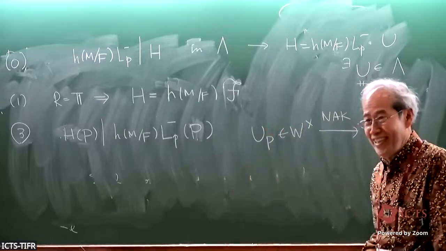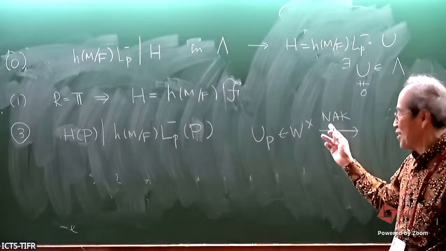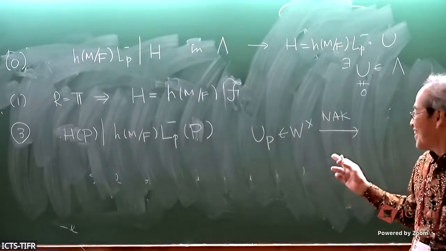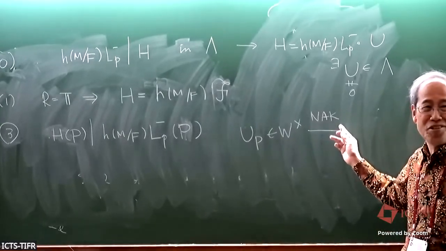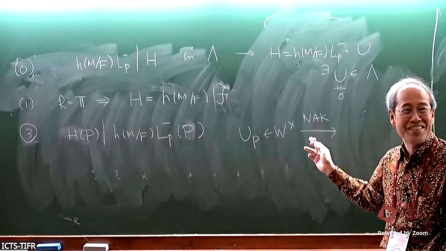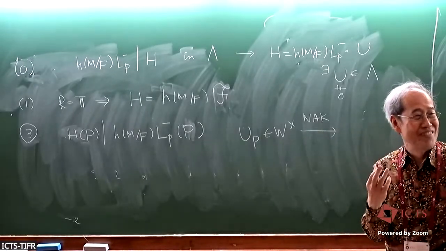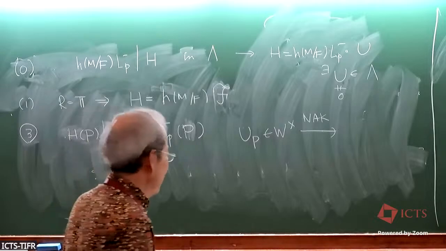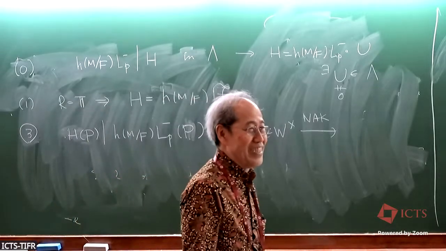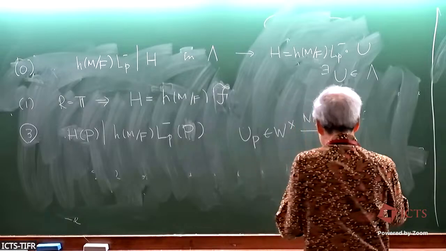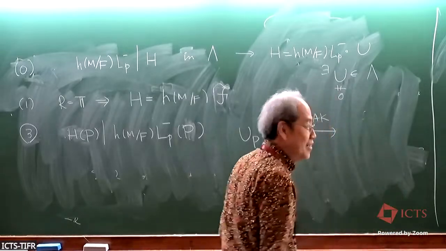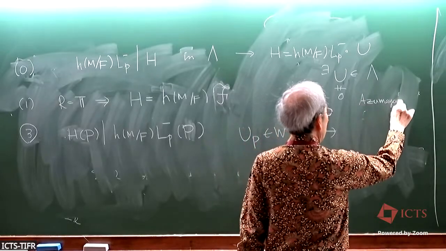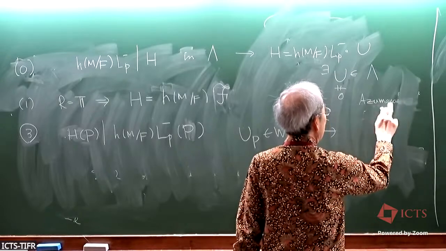Oh, by the way, this is a famous story. Nakayama's lemma is not proved by Nakayama, and it is proved by Azumaya and Krull. So it is called NAK. It's not the three letters of Nakayama's name. But somehow it is called Nakayama's lemma. Perhaps he used mostly this.